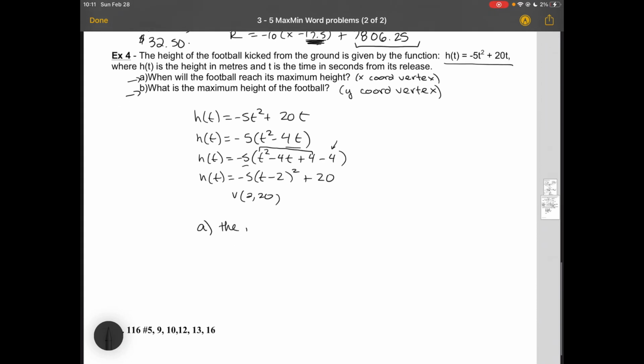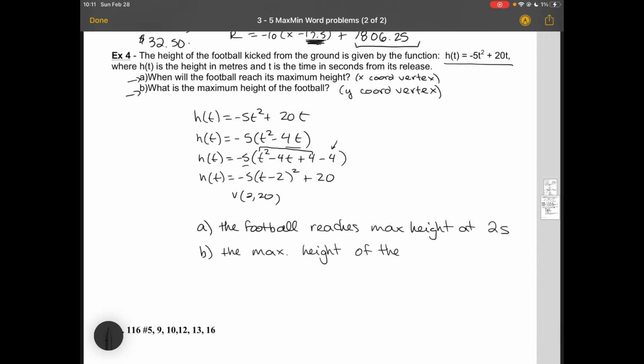So the football reaches its maximum height at 2 seconds, the x-coordinate of the vertex, and then the maximum height of the football occurs at the vertex, and it is 20 meters.